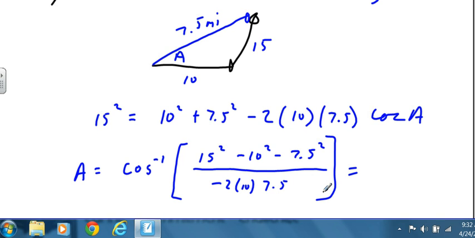Okay, arc cosine, parentheses, 15 squared minus 10 squared minus 7.5 squared, close parentheses, divided by, parentheses, minus 2 times 10 times 7.5, close parentheses, another close parentheses, hit the enter key, and the angle is 117 degrees.